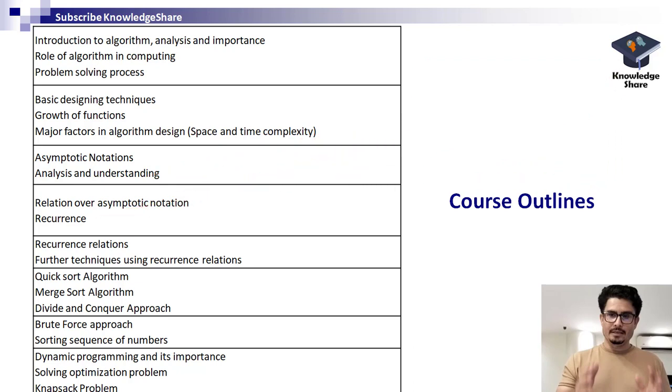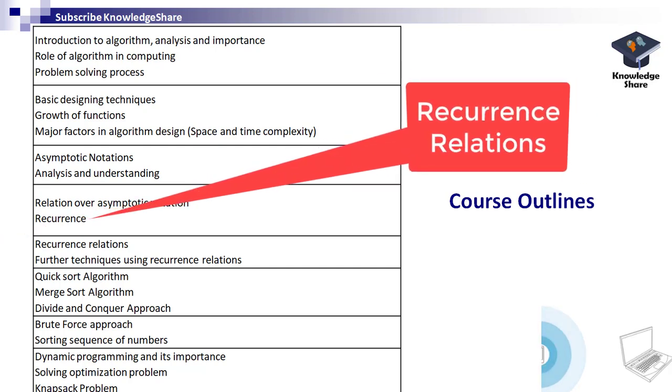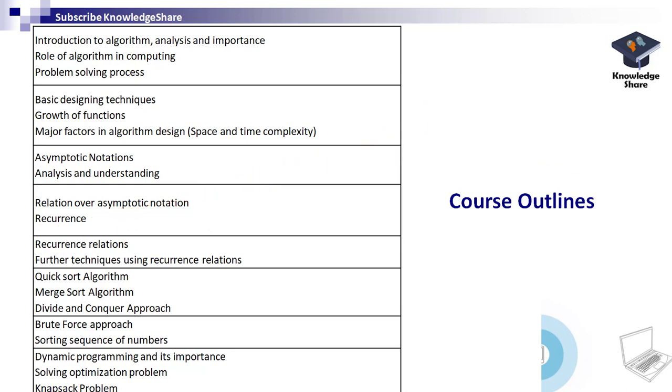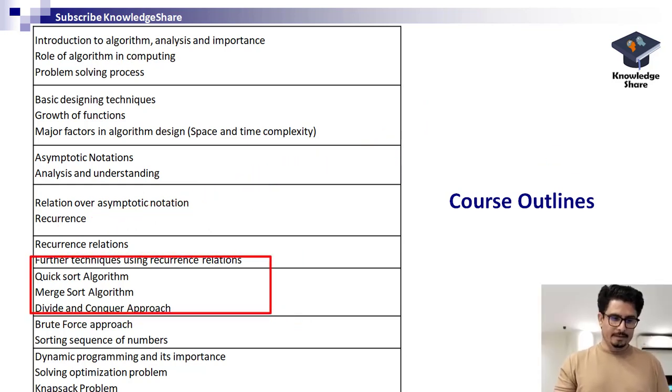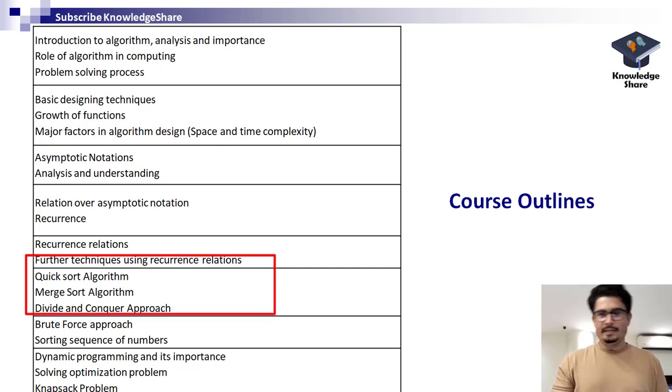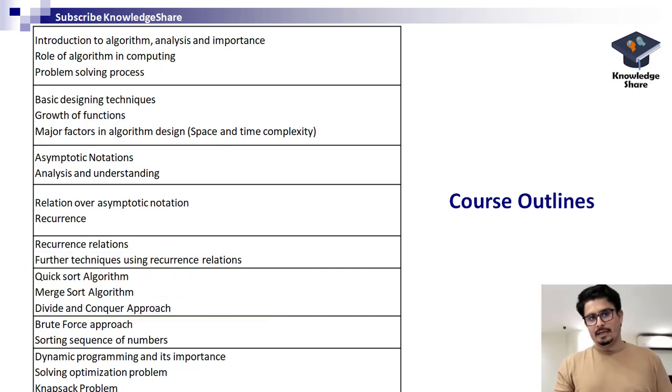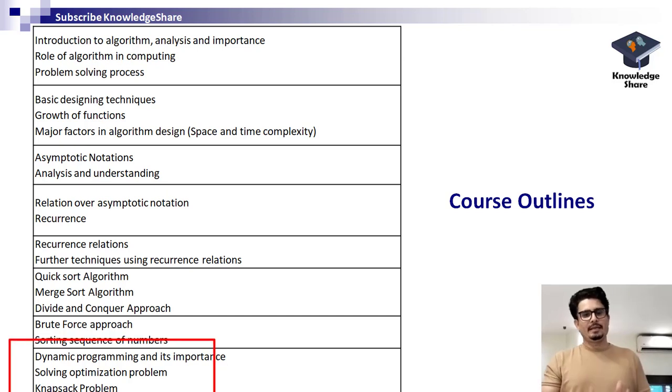Then we will have to discuss relations over asymptotic notations, recurrence relation, further techniques using recurrence relation, quick sort, merge sort, and divide and conquer. I think most of the students know about the sorting algorithms. Then we'll have to discuss the brute force approach in designing and problem solving, sorting a sequence of numbers, dynamic programming, and greedy algorithm.